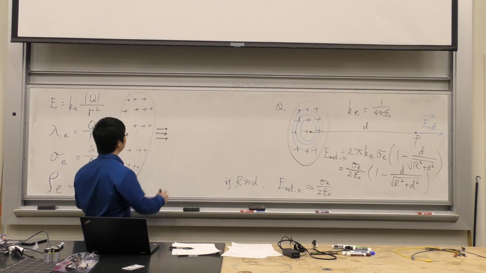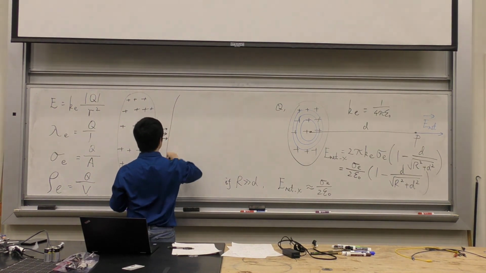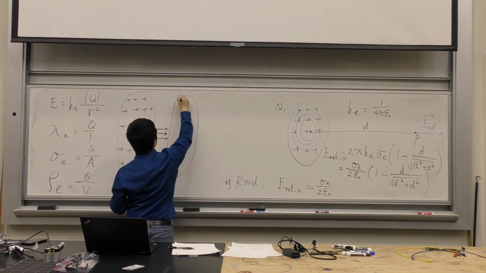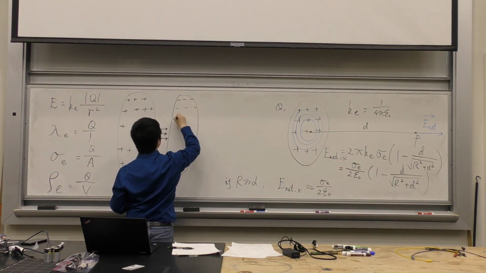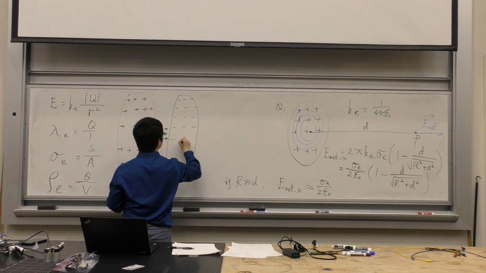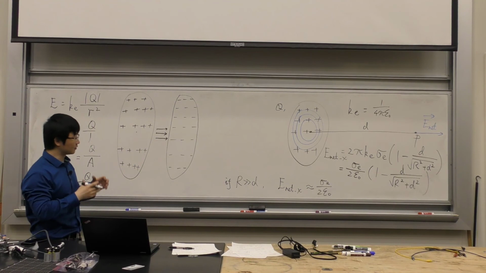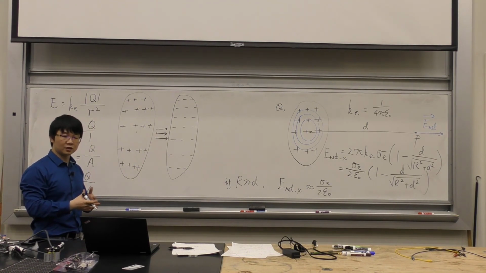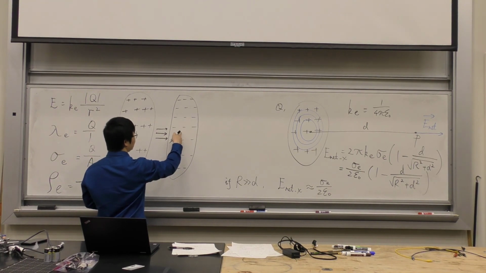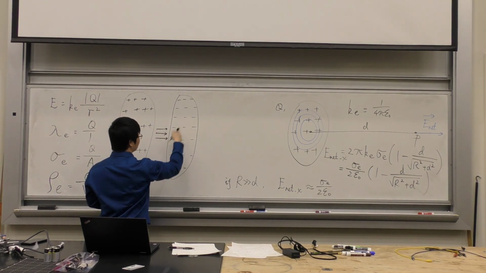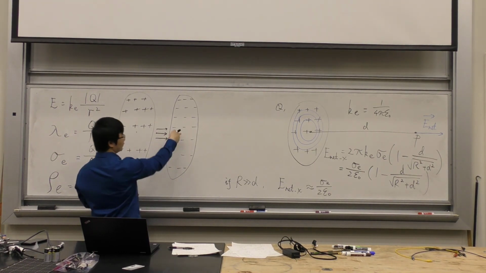So, if you do the same thing, and then you place a negative plate very close to it, and you charge it with the same amount of charge but opposite sign, the electric field created by this guy is going to be toward it, because this is a negative charge.